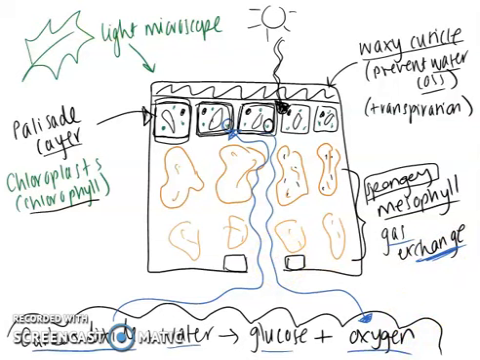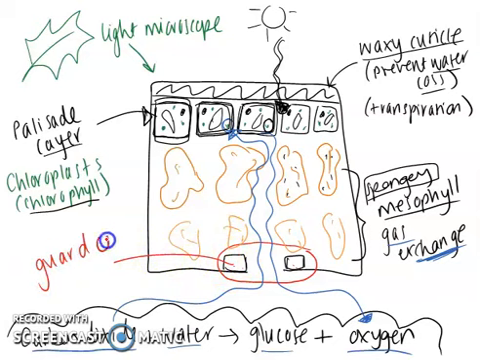Okay, so we've spoken about gas exchange, and I've drawn my arrows through this little gateway hole here. So let's talk about this final layer. We have two little squares which both represent guard cells. And you can actually think of a guard cell as something that protects and guards the opening of a leaf.